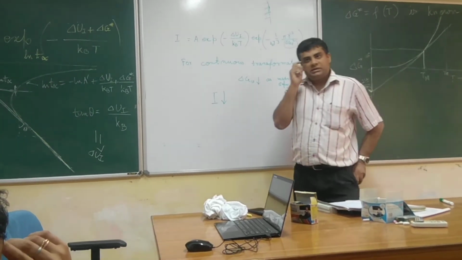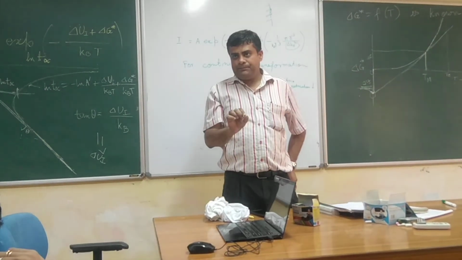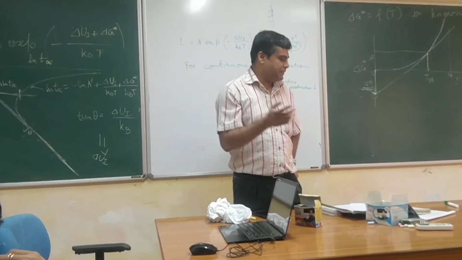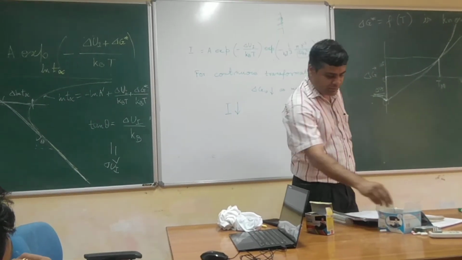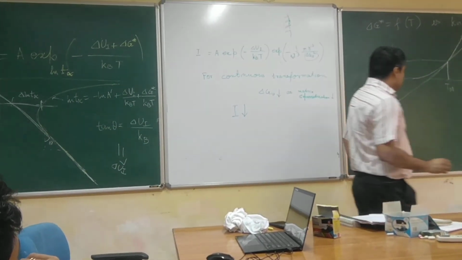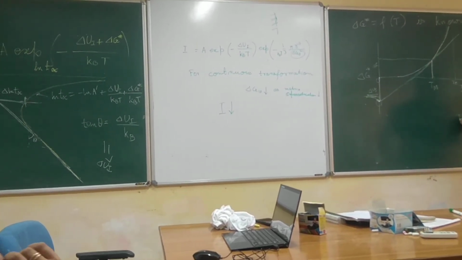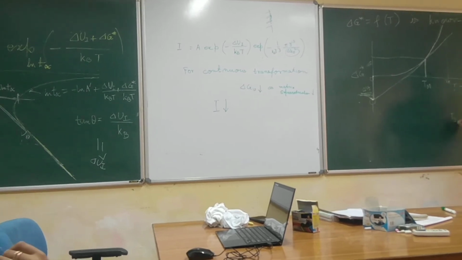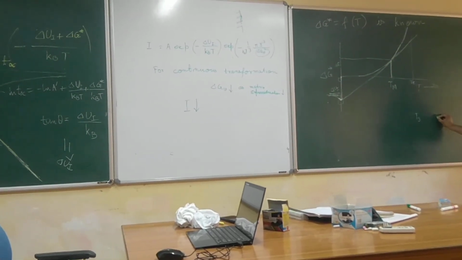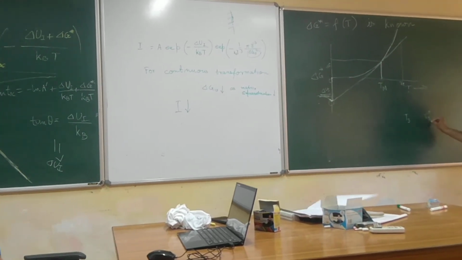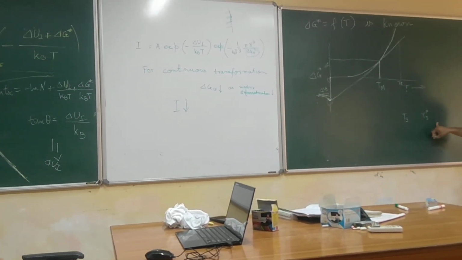Now, say you are quenching to a temperature, for example, at a particular temperature till which you have quenched, say that is a temperature, say T3, corresponding critical nucleus size is, say, R3 star.